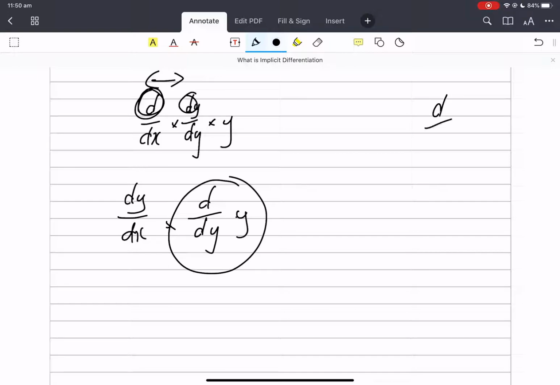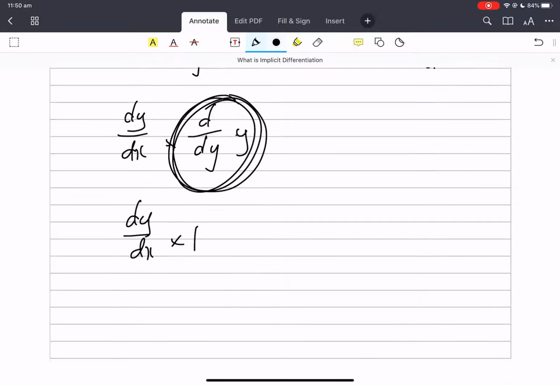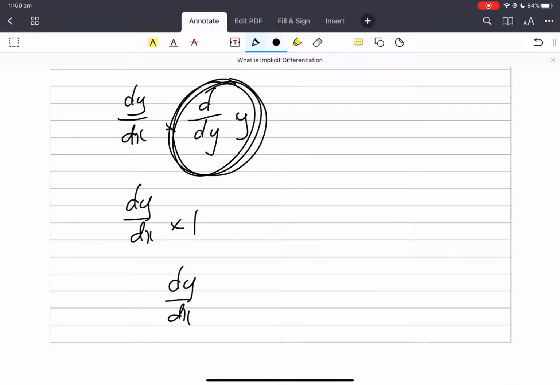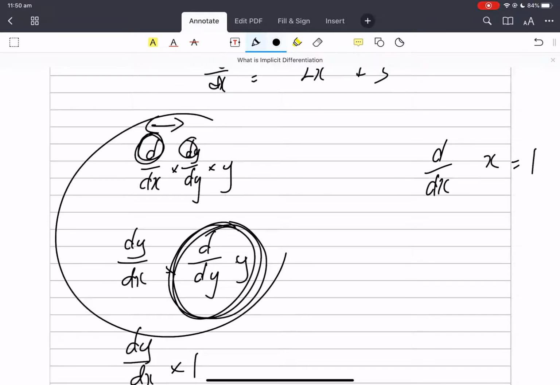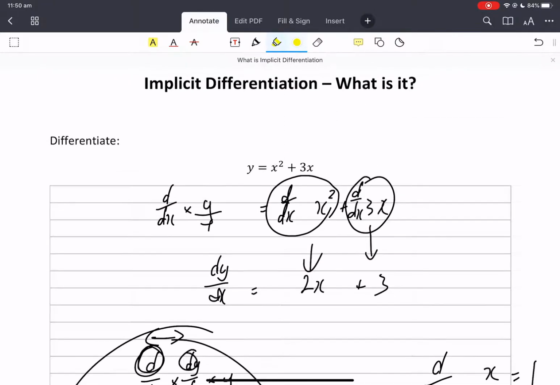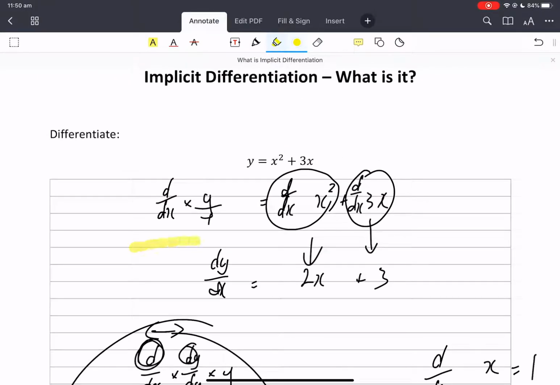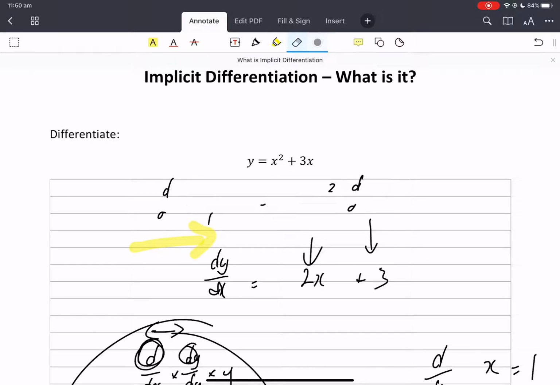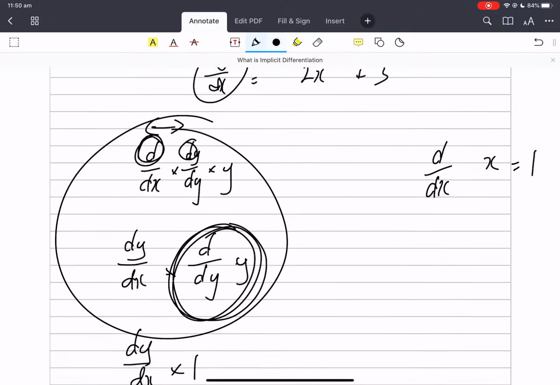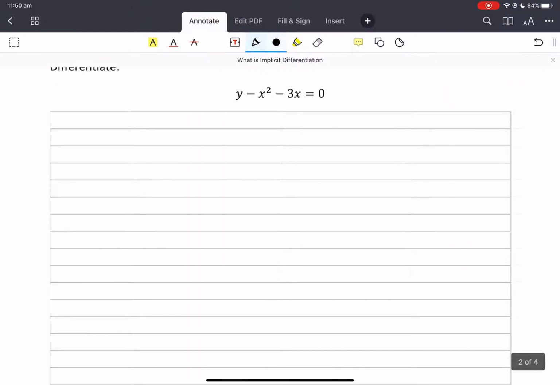That's like saying, what's d/dx of x? Well, that's just 1. So that is actually dy/dx times 1, which is just dy/dx. That is what's happening in here to take that y to dy/dx. It's clear as mud, I know, okay.